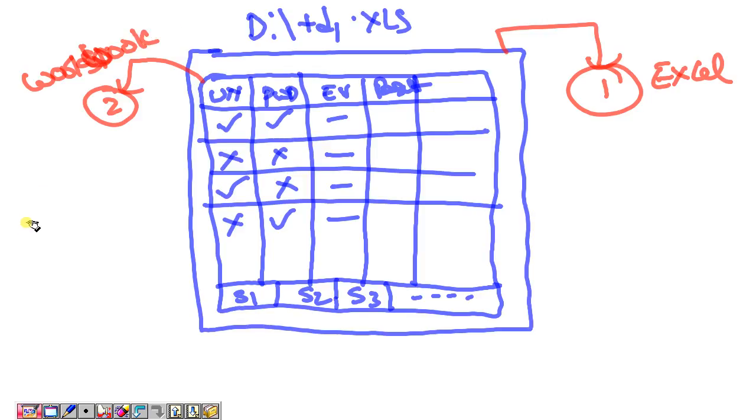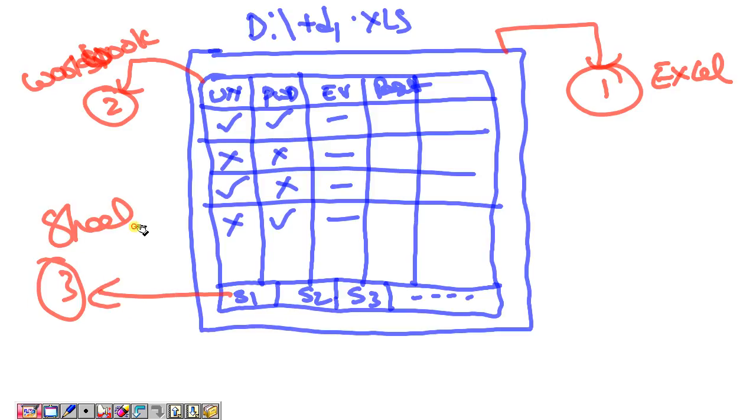After identifying the workbook, inside the workbook you can identify the particular sheet. In that sheet there are so many rows and so many columns. So first we identify the row. In that row, you can identify the particular column.